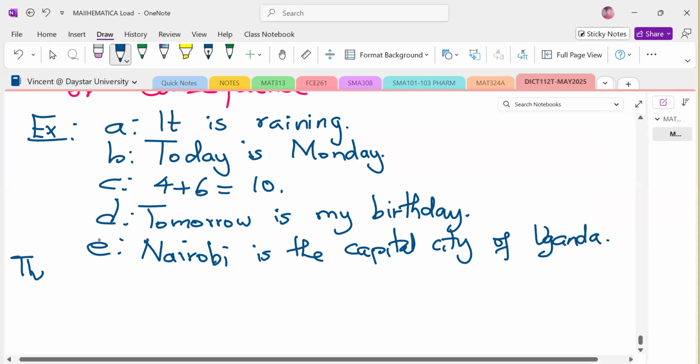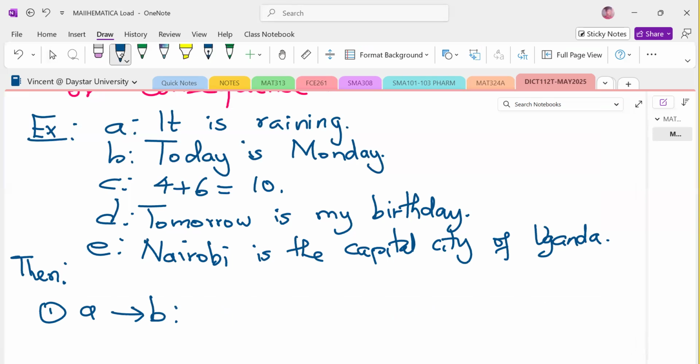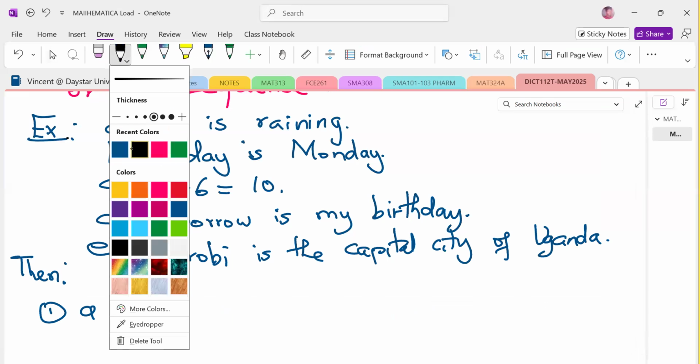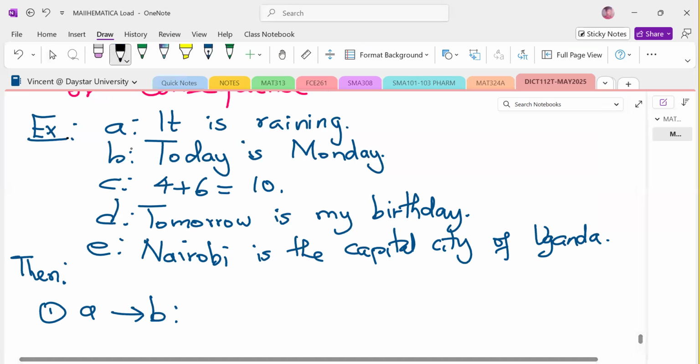Then if I write this, what does this statement mean? Is there anyone who can tell us before I give the answer from the definition?